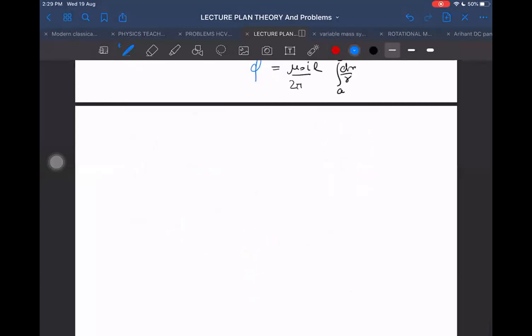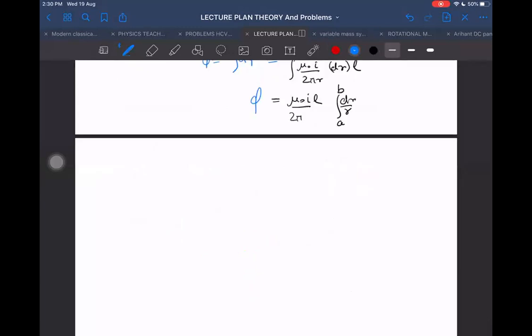What is the flux that we are getting? Flux we are getting at last is mu naught I L by 2 pi ln b divided by a, right or not? What is flux per unit current? Self-inductance. And what is that here?